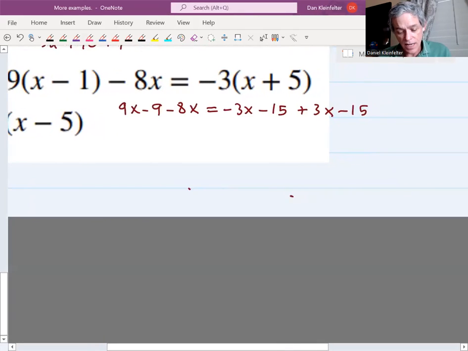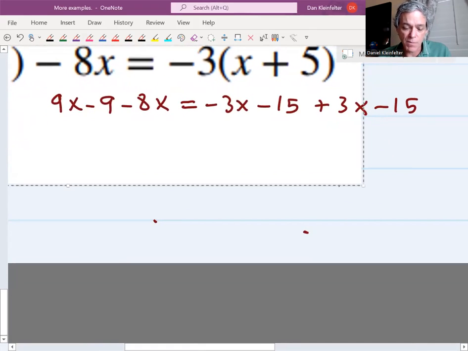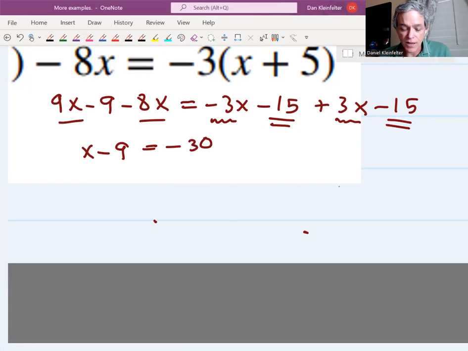All right, and so now, on the left side of the equation, we'll combine our x terms. 9x minus 8x is a single x. We'll have minus 9 still. There's our equal sign. You can see a minus 3x and a plus 3x on the right side. Those add up to 0. And then we have negative 15 plus negative 15 is negative 30.